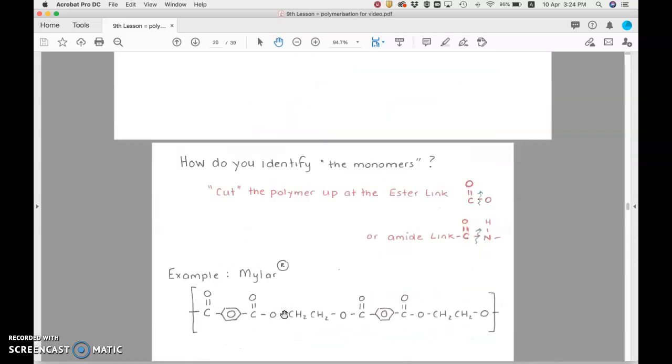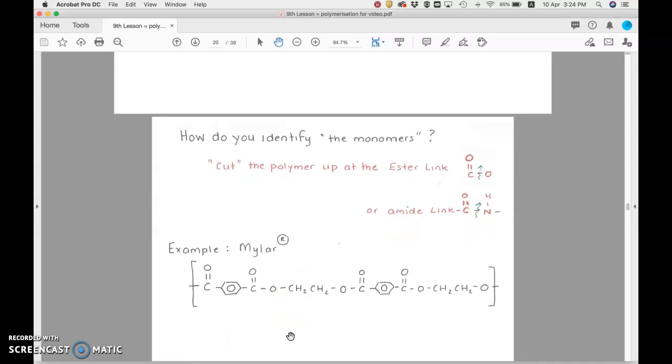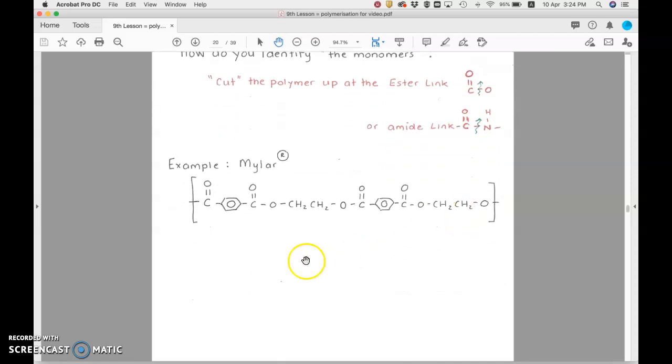Sometimes you're asked to identify the monomers in an exam question. What you're wanting to do is look for your ester links or your amide links, as that is where it will split. So this one would split here between the carbonyl carbon and the oxygen, and likewise here.